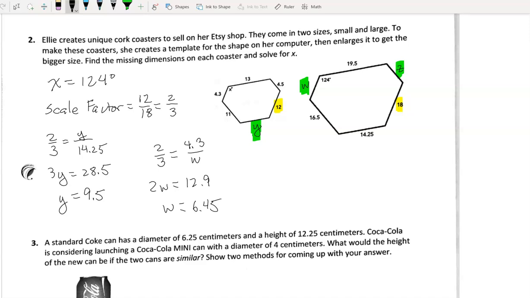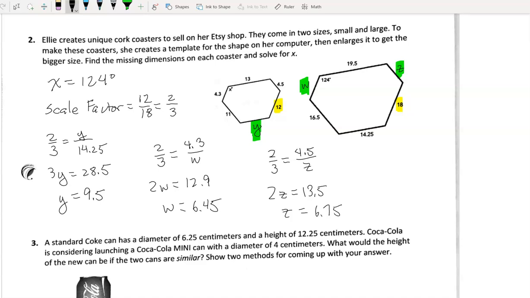And then the last one, again I'm going to start with my scale factor, left to right, so 2 to 3, and I have z, so left is 4.5, that's the corresponding side, over z. I get 2z is equal to 13.5, and I'll divide both sides by 2, and I get z is equal to 6.75.